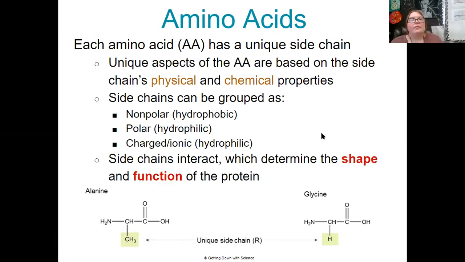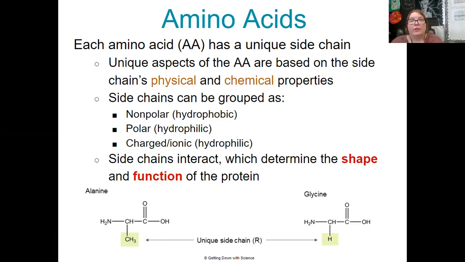The unique aspects of an amino acid are based on the side chain's physical and chemical properties. Side chains can be grouped as nonpolar or hydrophobic, polar, which are hydrophilic, and charged or ionic, which are also hydrophilic.